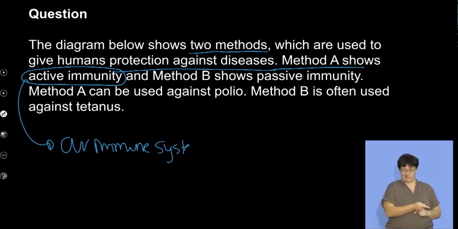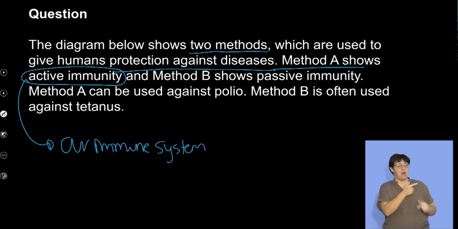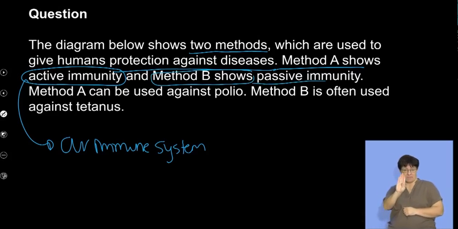We put things in our body and we let our immune system deal with it. It takes a bit longer, but it lasts a lot longer. Then we're going to look at method B, which is passive immunity. It's something we put in, it's going to do its job, but it's not going to last too long.